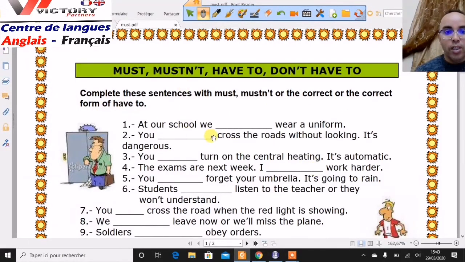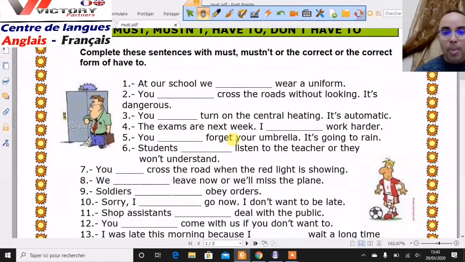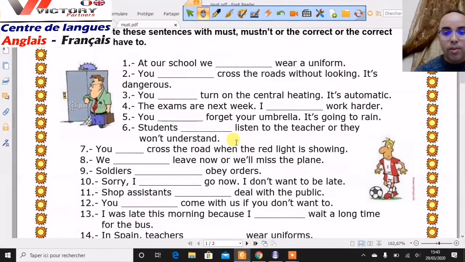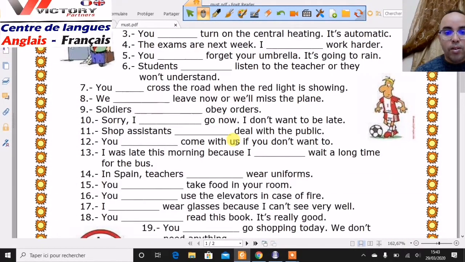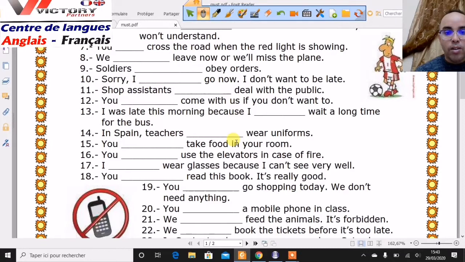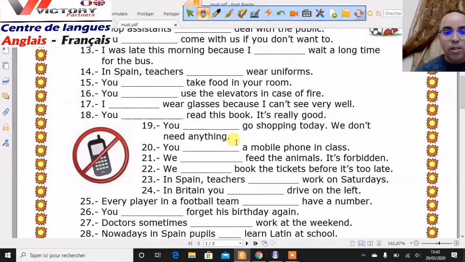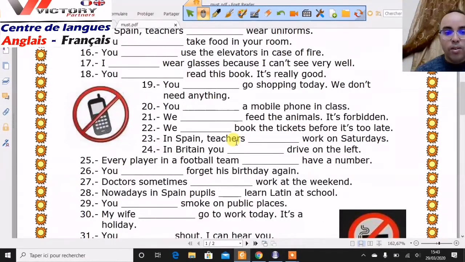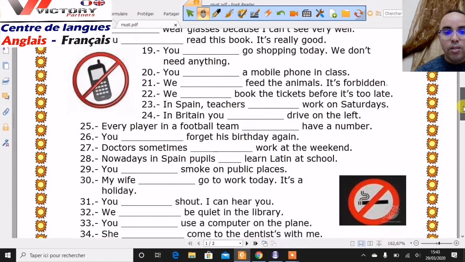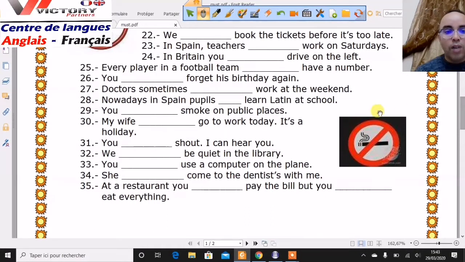This is the exercise that you should do. So have a look. Here we have about 35 sentences.